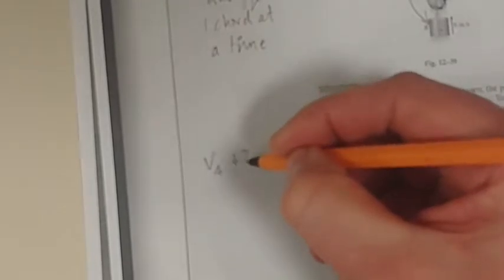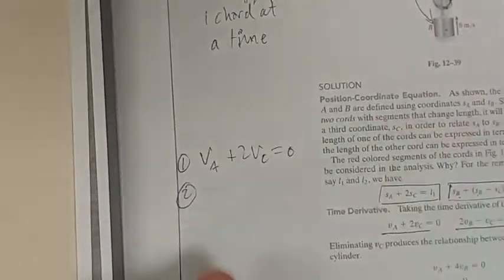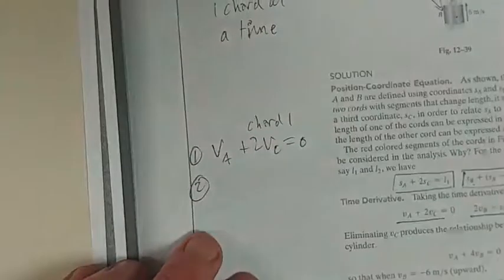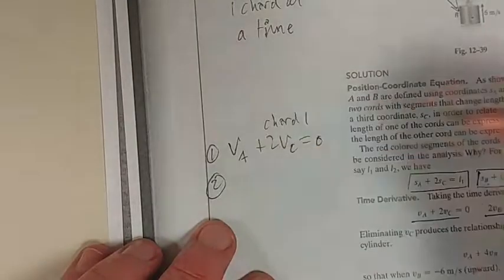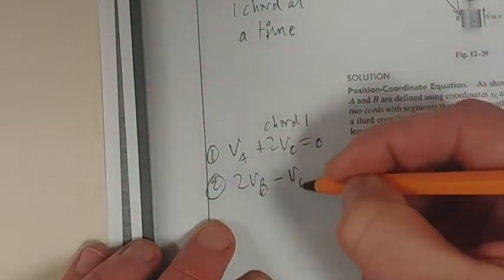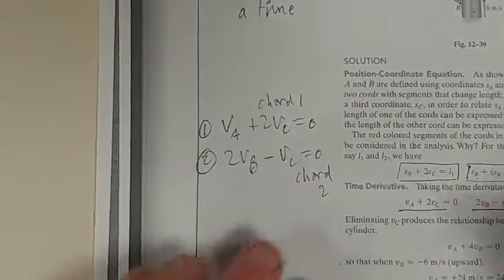So what we've got now is VA plus 2VC equals 0. That's your first equation, for the first cord. And then you've got 2VB minus VC equals 0, that's for cord 2.